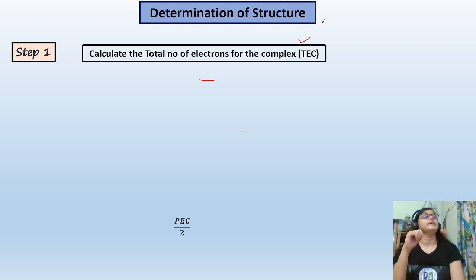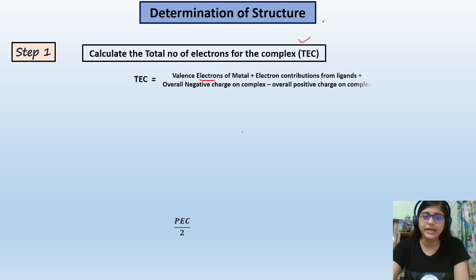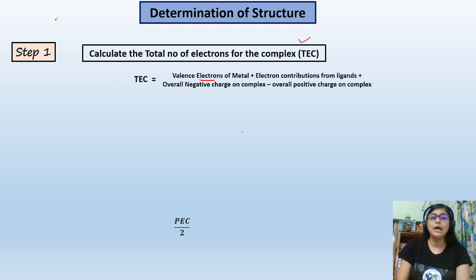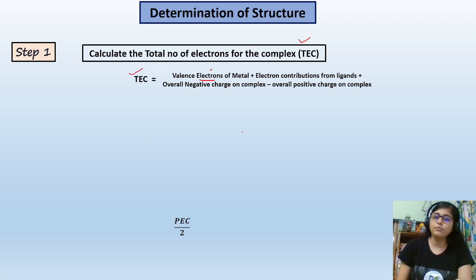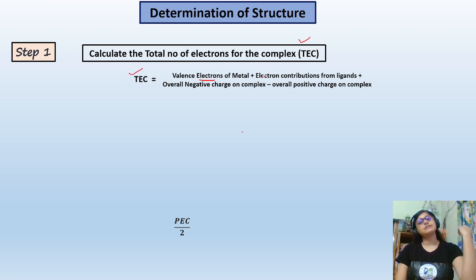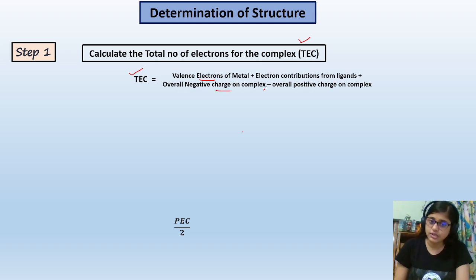We did it in the case of the 18 electron rule, but here the only difference is that we are using a metal cluster, so the formula will be bigger and the value of TEC will also be big. For TEC, we know the formula: valence electrons of metal plus electron contributions from the ligands plus overall negative charge on the complex minus overall positive charge on the complex.